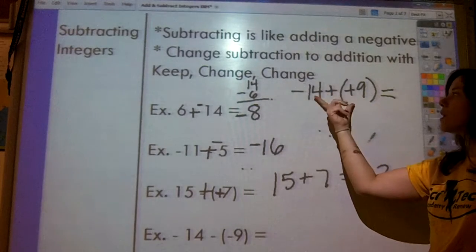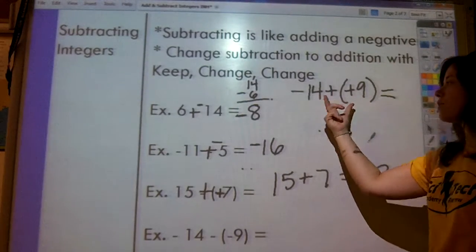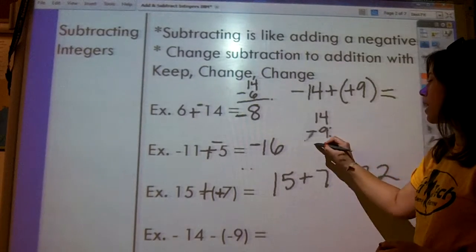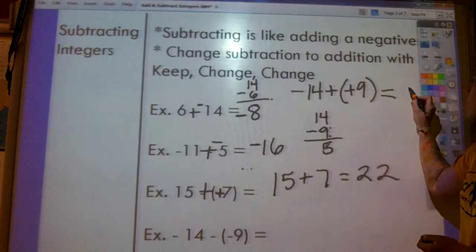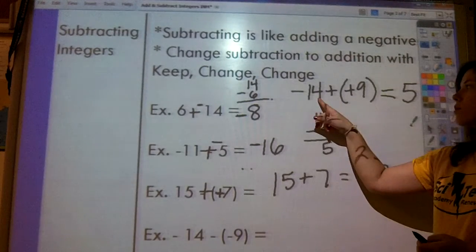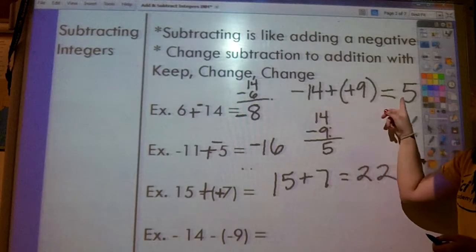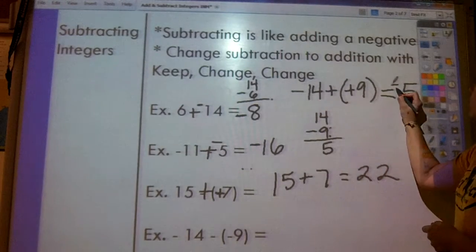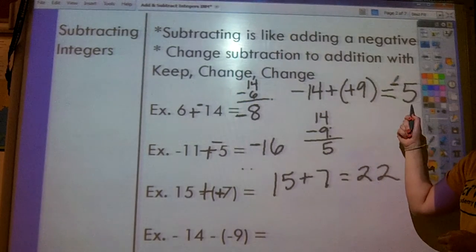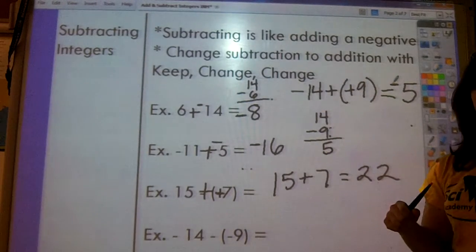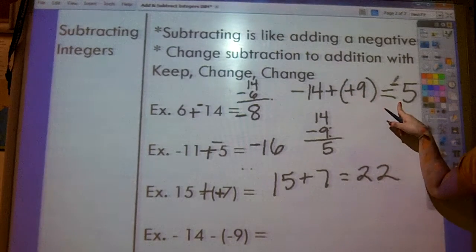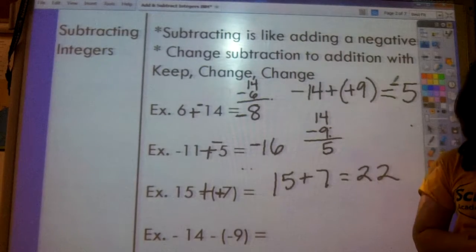I'm adding and my signs are different, so I need to find the difference, which means subtract. 14 minus 9 is 5. And I need to keep the sign of the greater number. The greater number is 14, so this should be negative because my 14 was negative. Negative 14 plus 9 is negative 5. Or you owe me $14, you pay me back 9, you still owe me 5. Now it's your turn to practice.